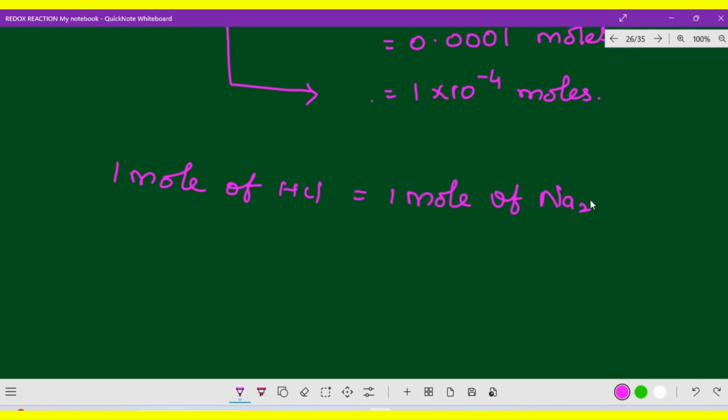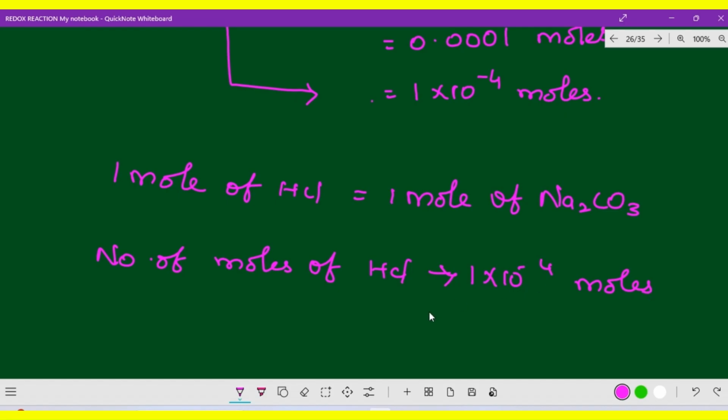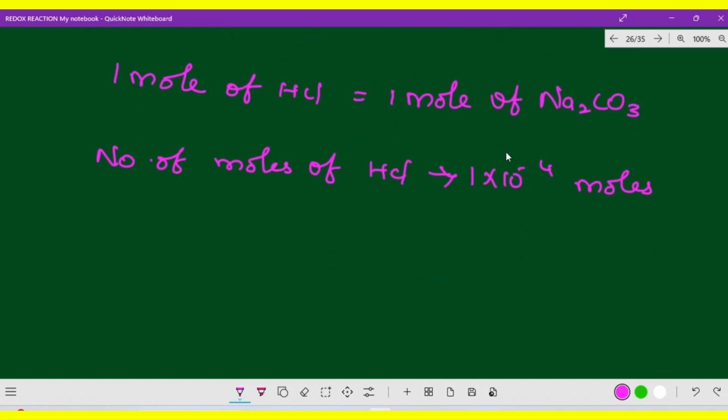So the number of moles of HCl is 1 into 10 to the power of minus 4 moles, which means the number of moles of Na2CO3 will also be the same, 1 into 10 to the power of minus 4.